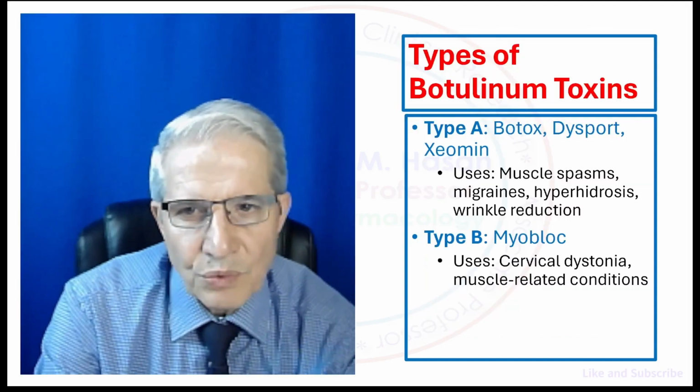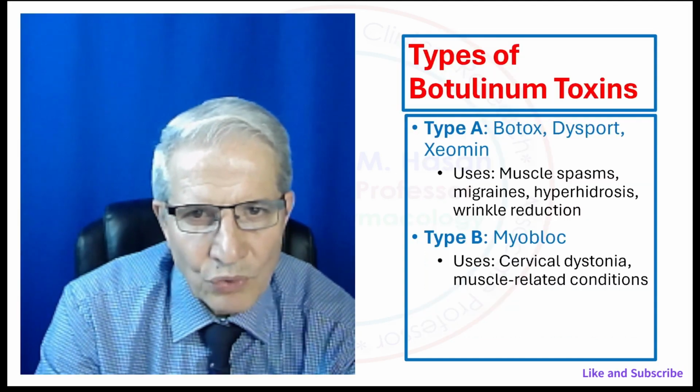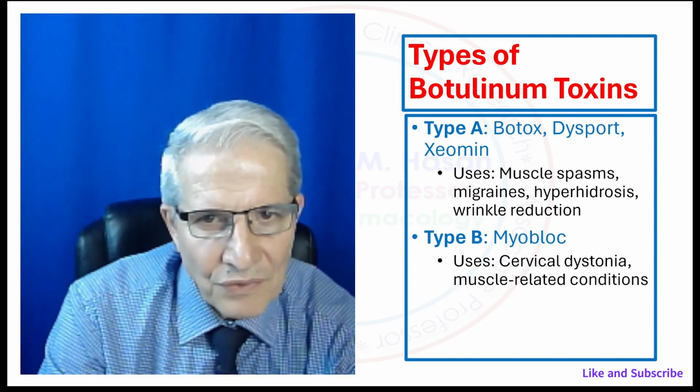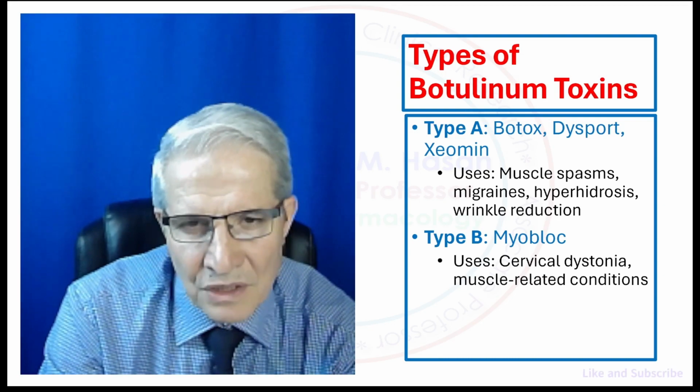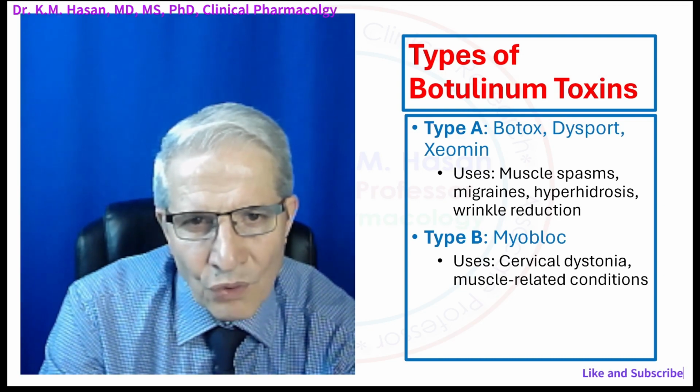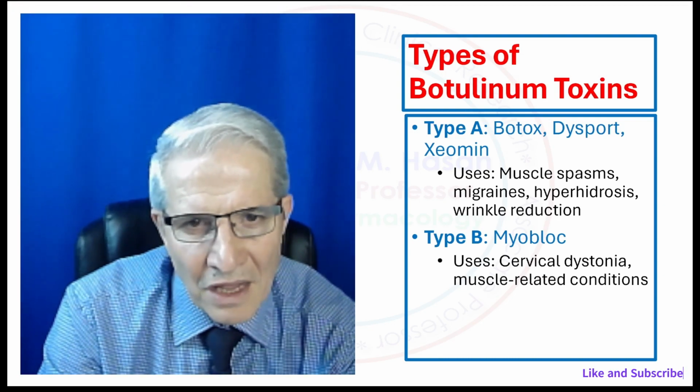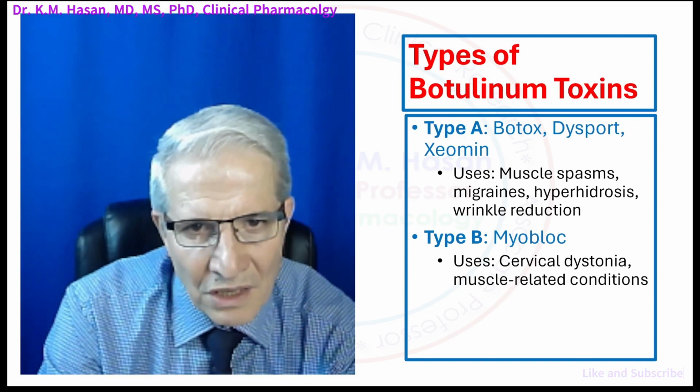So as we discussed, we have two main types of botulinum toxin, type A and type B. For type A, the brand names are Botox or Xeomin, used for muscle spasm, migraine, hyperhidrosis, and wrinkle reduction.